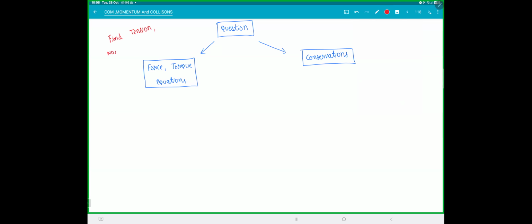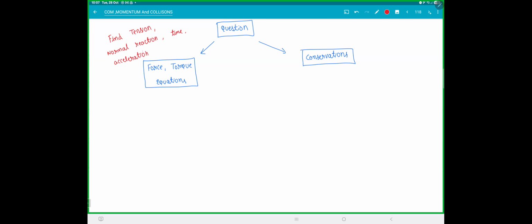Normal reaction comes in an FBD. Acceleration comes in F = ma. So you're basically talking about the laws of motion. When they use words like find tension, normal reaction, find time, that means kinematics, and for kinematics you need acceleration. So when you hear words like this, 95% of the time it is mostly force and torque equations. Maximum number of times. Exceptions are there, but in general.